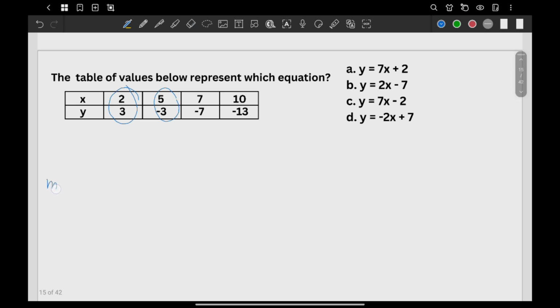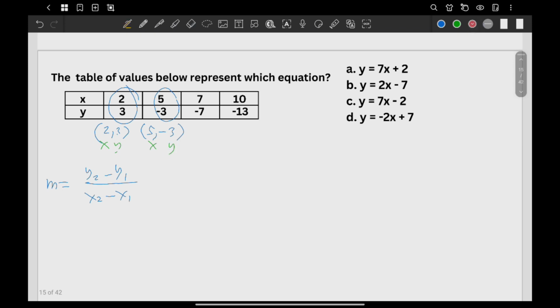M is equal to y sub 2 minus y sub 1 all over x sub 2 minus x sub 1. How do we know the values of x and y? Remember, we selected 2 points. We have 2, 3, and then 5, negative 3. Take note, this is x and y.